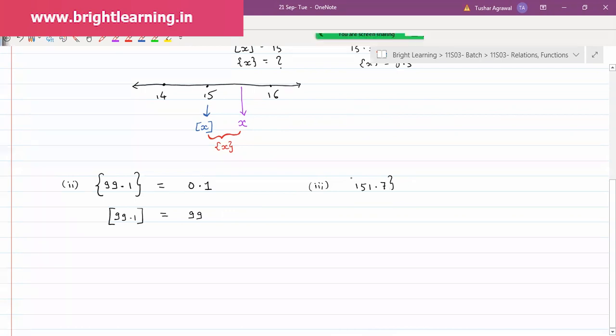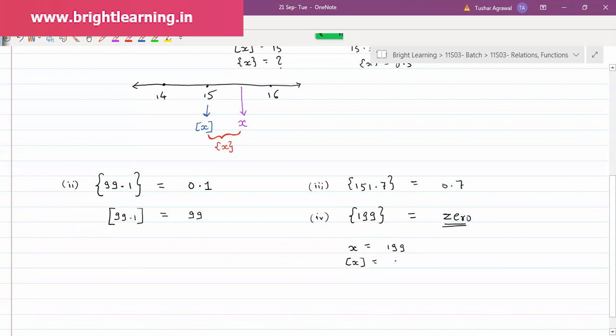For 151.7 the fractional part is equal to 0.7, and let's say 199, the fractional part. What will be the answer? 1? No. 0. So for 199, if x is equal to 199, what is my step x?